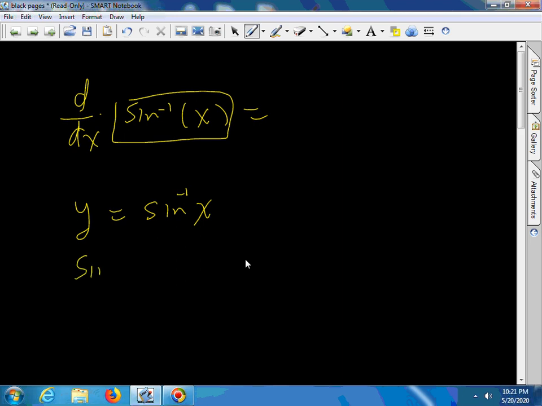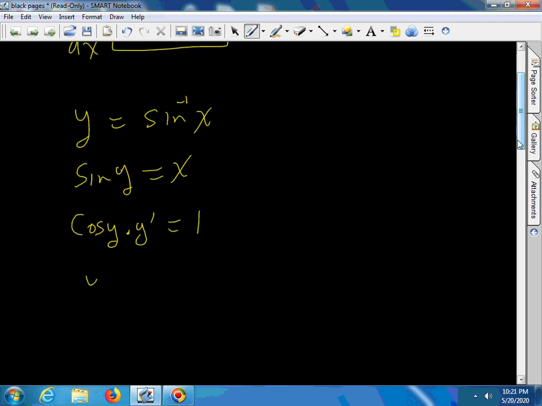That means that the sine of y is x. Take the derivative of both sides. The derivative of sine of y is the cosine of y times the derivative of y, and the derivative of the right side is 1.